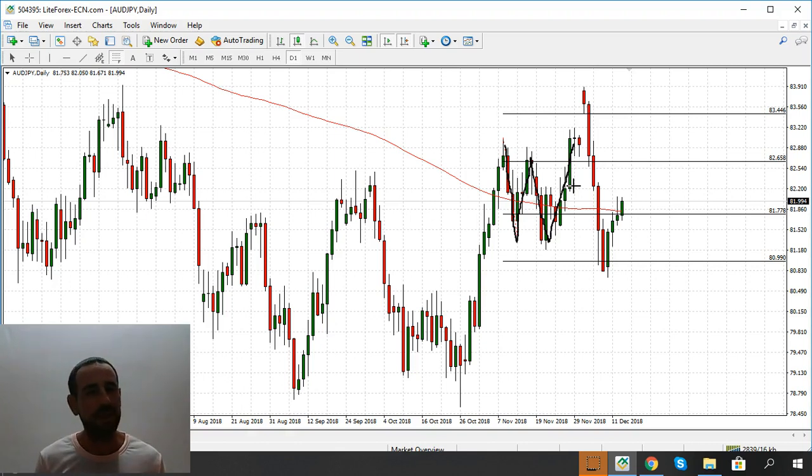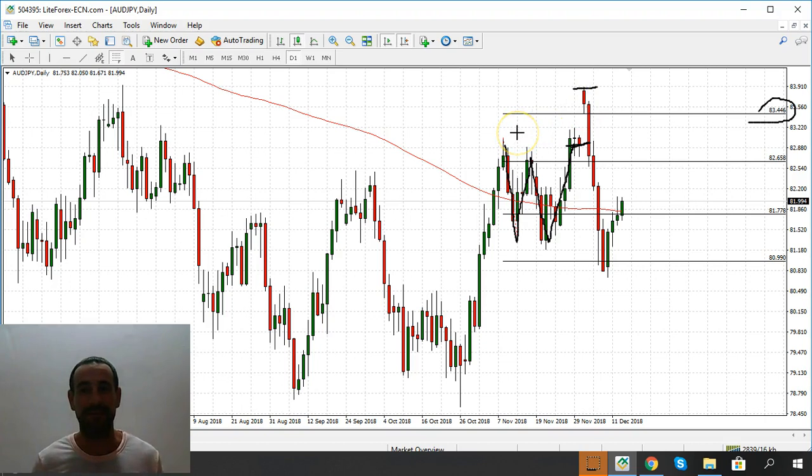Which is why I wasn't expecting price to break out. I actually was expecting price to reverse. I wasn't expecting price to break above the top key level here, which is the major resistance in this support and resistance system. This is the level of 83.44. Now, I was pretty surprised to see price closing here, the daily session, and believe it or not, opening up right here.